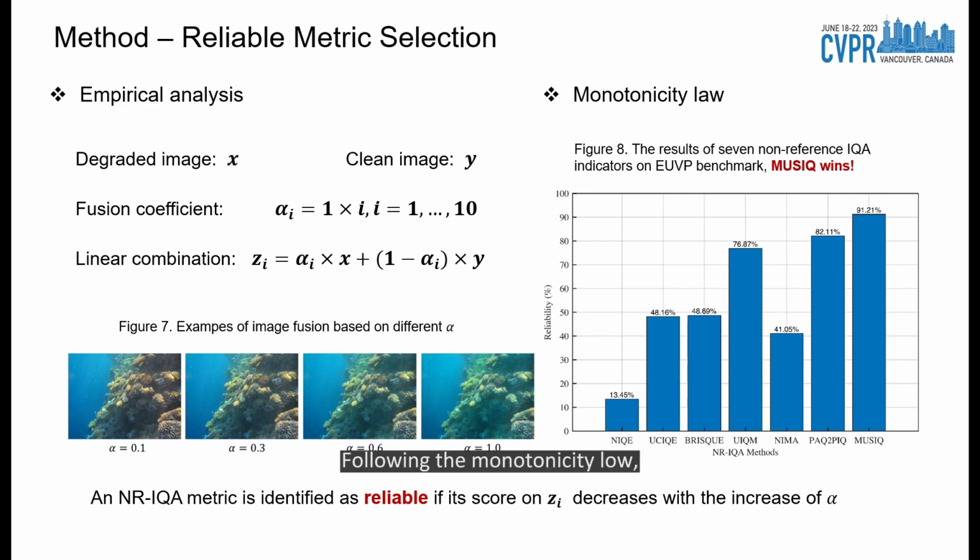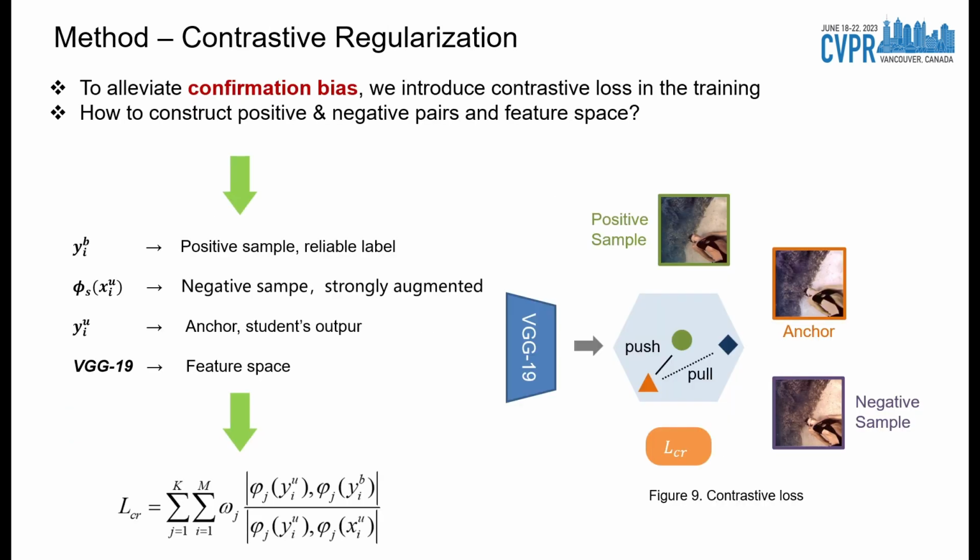Following the monotonicity law, we conduct experiments with 7 NR-IQA approaches on the EUVP benchmark, as it covers a wide range of underwater scenes. As shown in Figure 8, MUSIQ is the most in line with the monotonicity law. Therefore, it is selected to measure the reliability of the network's output.